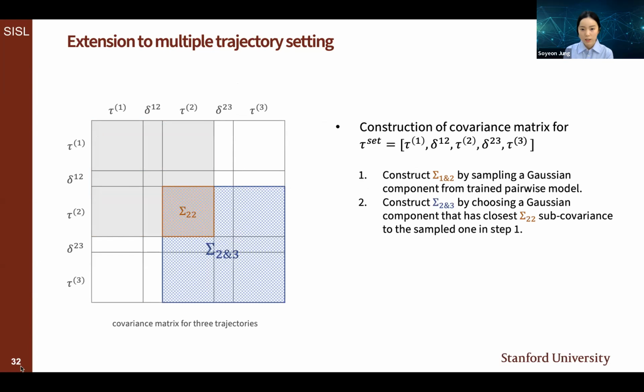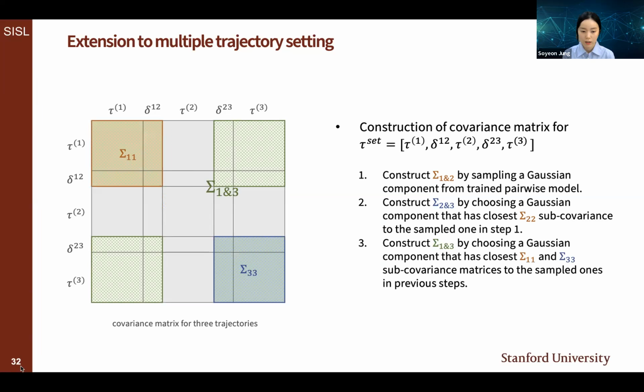Then we construct sigma 2,3 subcovariance by choosing a Gaussian component that has the closest sigma 2,2 subcovariance to the sampled one in step 1. Now we have populated the elements corresponding to the pair of first and second trajectories, as well as the pair of second and third trajectories.